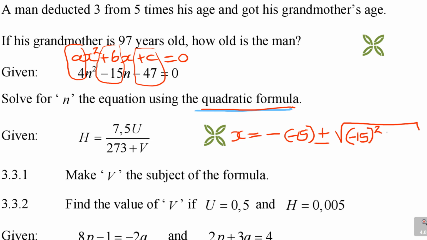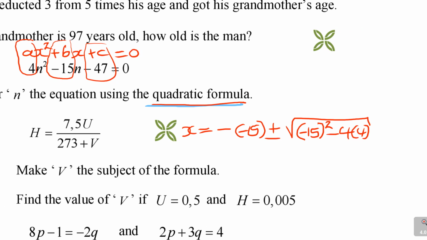Please, if you forget these brackets, everything will be wrong. Minus 4ac, my a is 4, and then my c, you see that it was negative 47, so it's bracket negative 47. Close it, and then everything is divided by 2, and my a is 4.